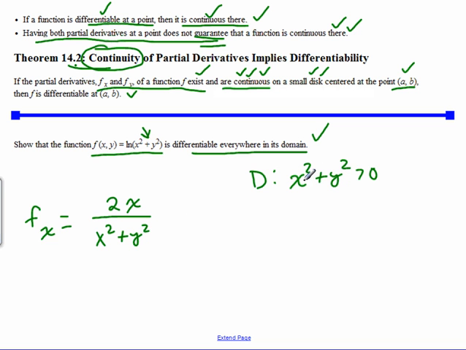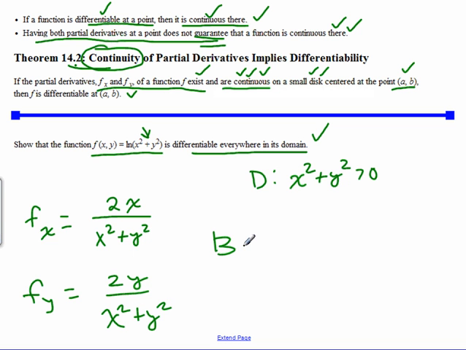And since my domain is that x squared plus y squared is greater than 0, we know that the denominator will never be 0. And this function is going to be continuous everywhere, because there are no points of discontinuity since my denominator can't be 0. And f partial y, very similar, is going to be this.